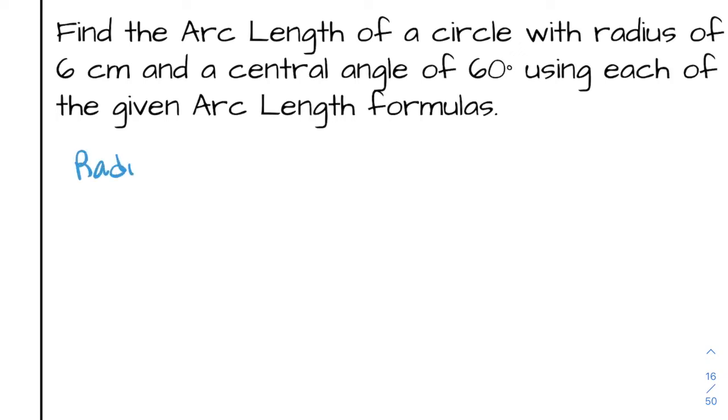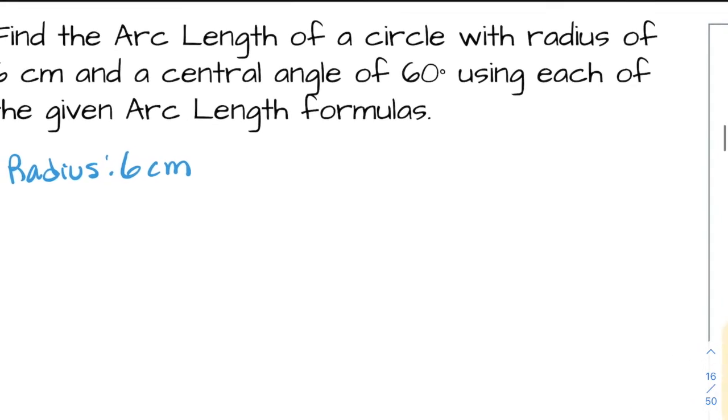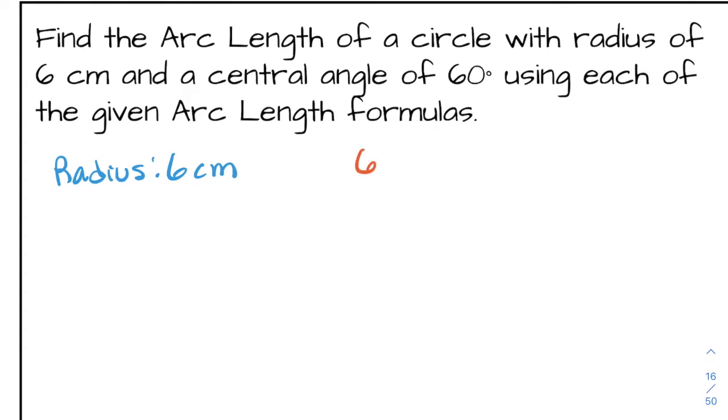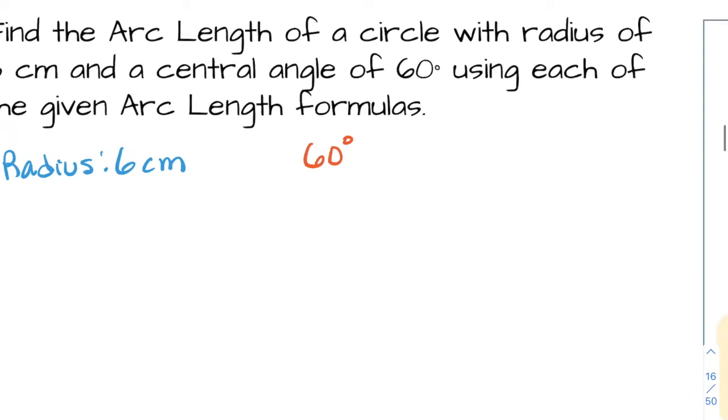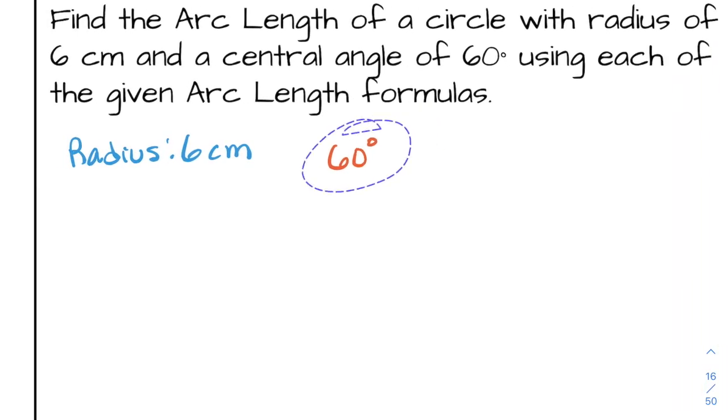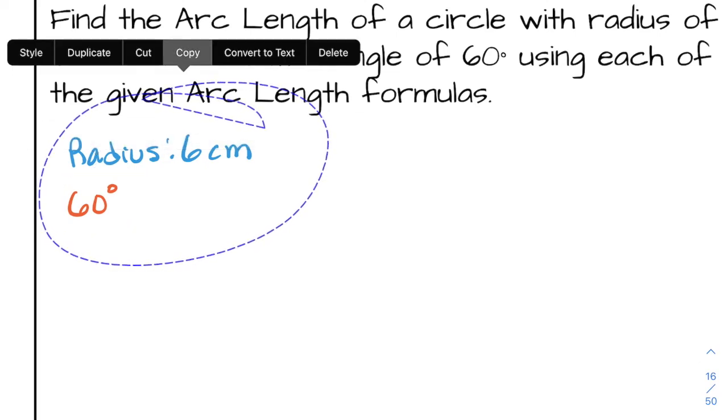So we have a radius of 6 centimeters and a central angle of 60. So 60 degrees is our central angle. Okay, so let me do 2 columns.